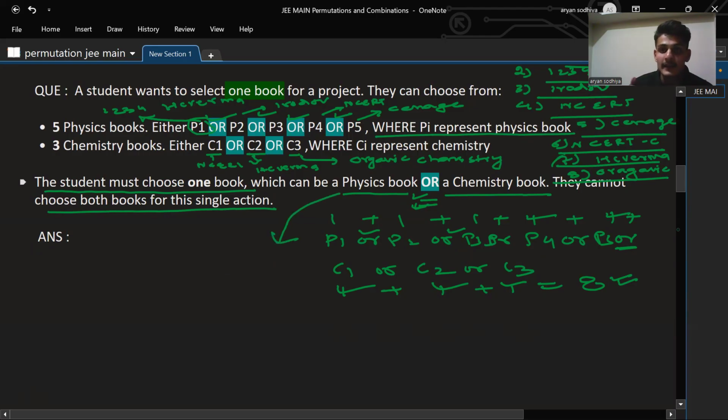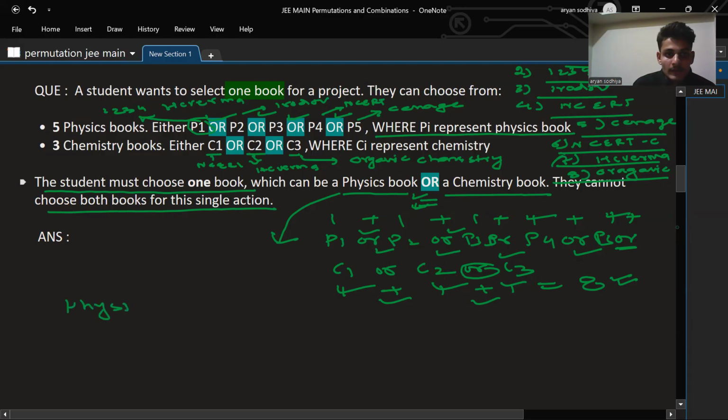Now you will understand the sequential steps. Here, everywhere "or" is written. You can see "or". You always use the add for the "or" cases. But if "and" is there, how would you tackle that problem?